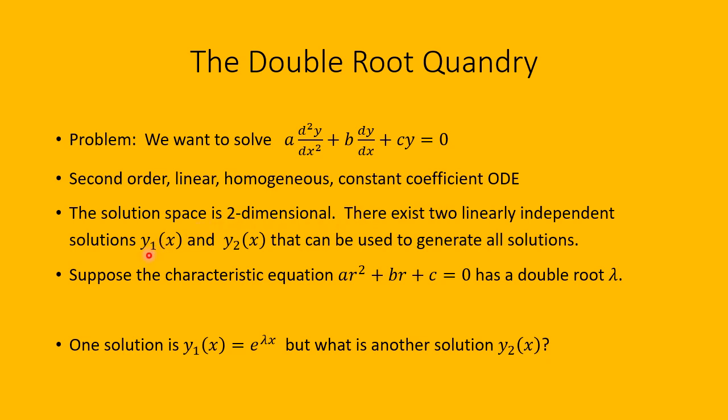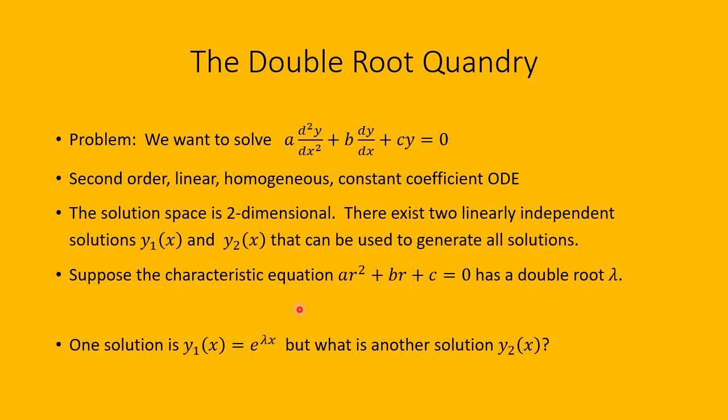Let's call them y sub 1 of x and y sub 2 of x, that can be used to generate all solutions. But let's suppose that this characteristic equation has a double root of lambda. So one solution then is y sub 1 of x equals e to the lambda x.